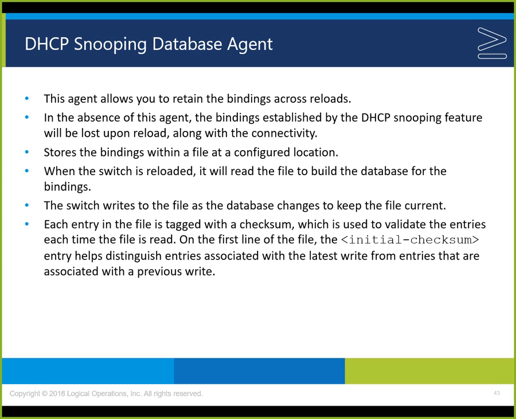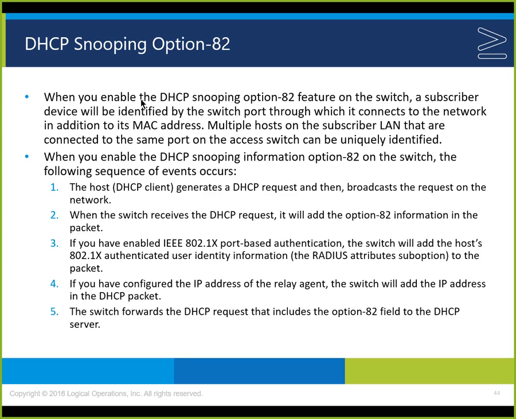If it's not there, the bindings have to be re-established after the reload. When the switch is reloaded, it will read the file and build the database. Each entry is tagged with a checksum, with the first line holding the initial checksum, to be sure that it is the correct one.